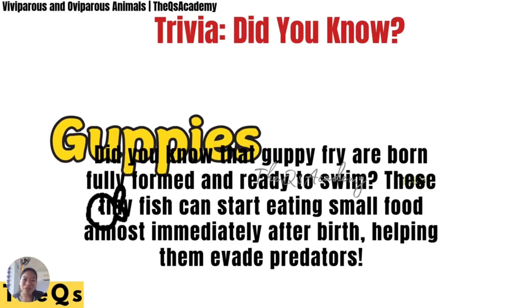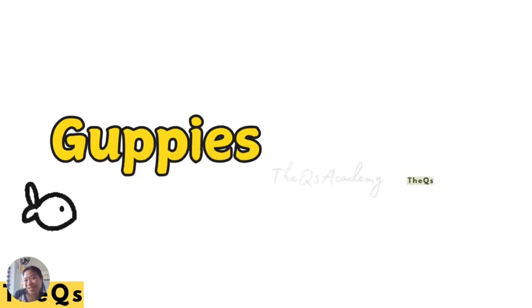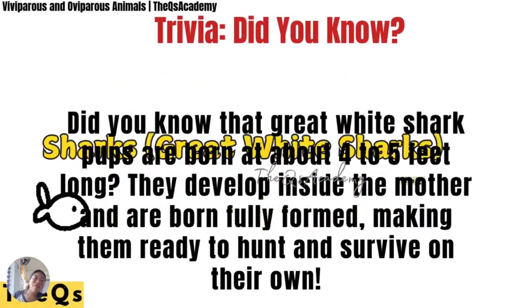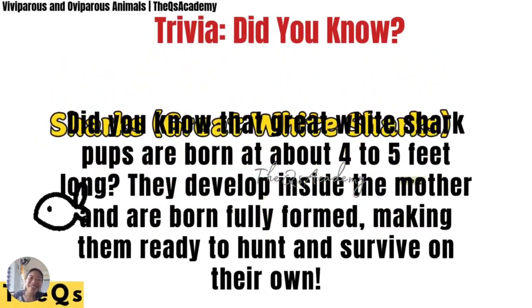And did you know that guppies or guppy fry are born fully formed and ready to swim? These tiny fish can start eating small food almost immediately after birth, helping them evade predators. We have also sharks.